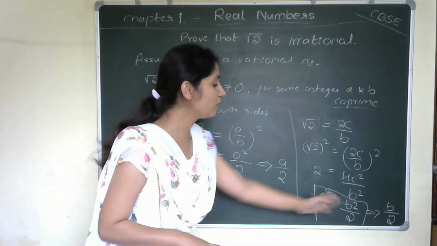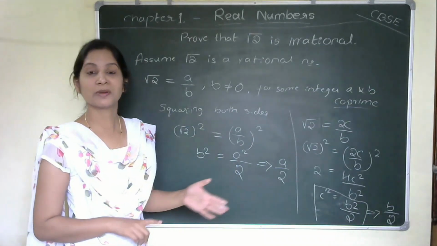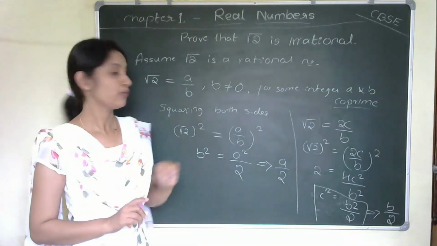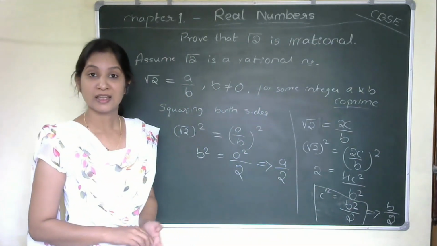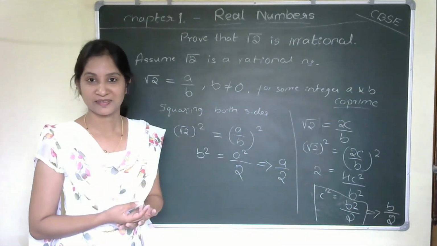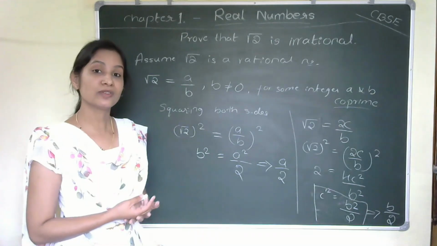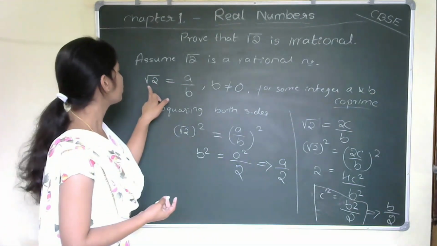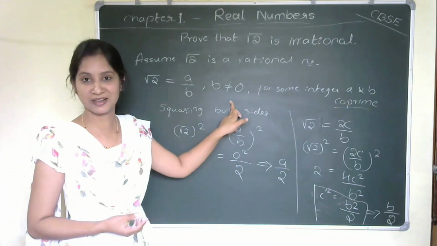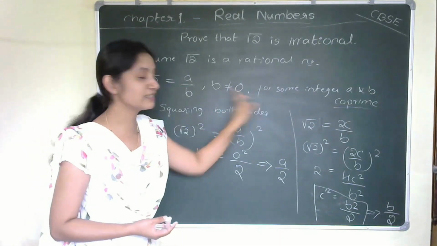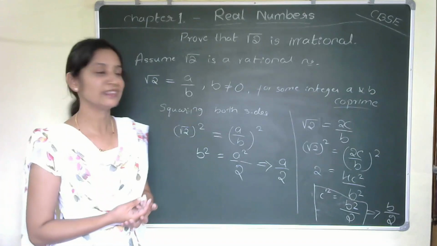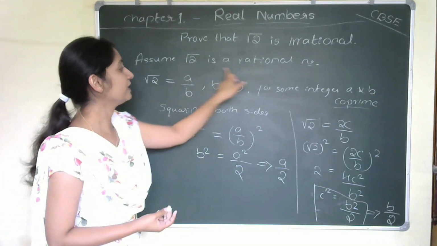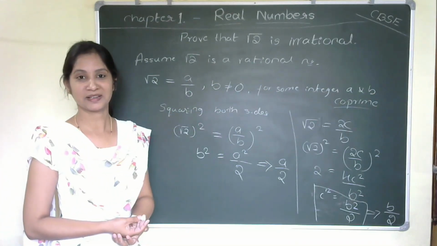But here we got one more common factor, that is 2, for a and b. That means our assumption is wrong. What was our assumption? Root 2 is a rational number which satisfies this condition. Our assumption is wrong. That means root 2 is an irrational number.